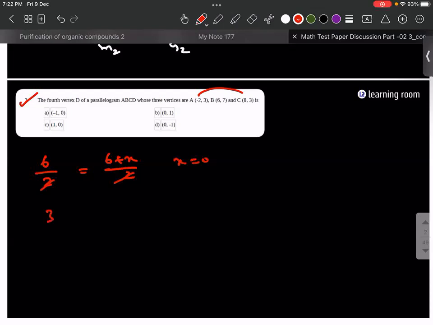Similarly, 7 by 2 should be equal to (3 + 3) by 2... So 3 should be equal to (7 + y) by 2, which implies y is equal to minus 1. What did you say? (0, -1), right? Yes, sir.